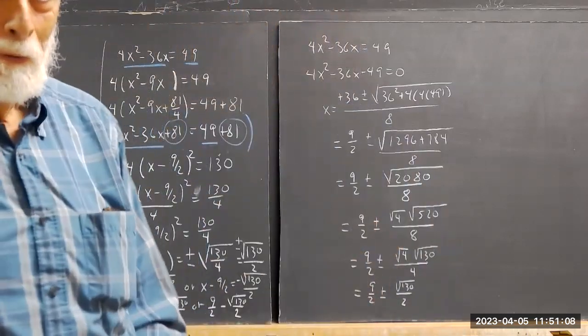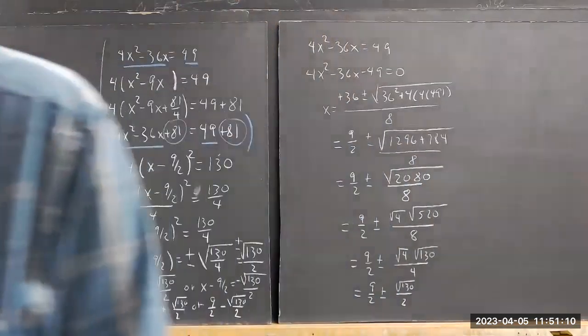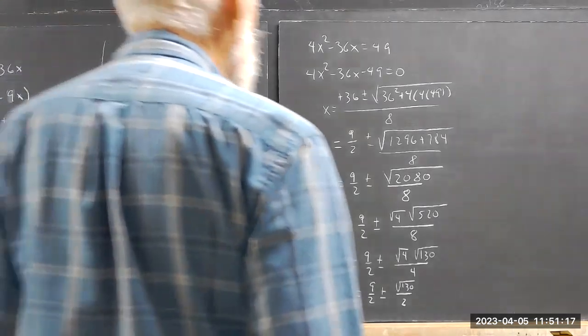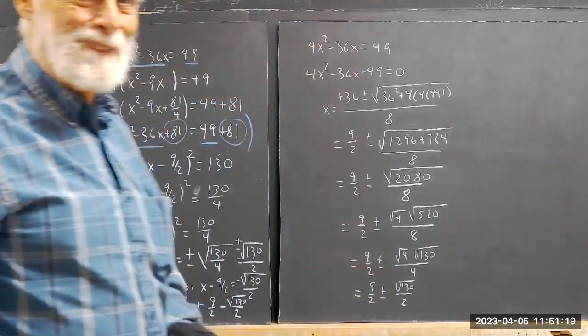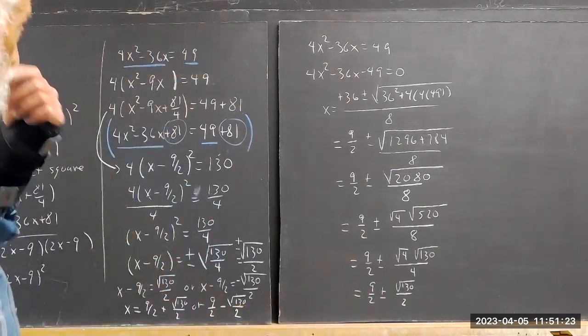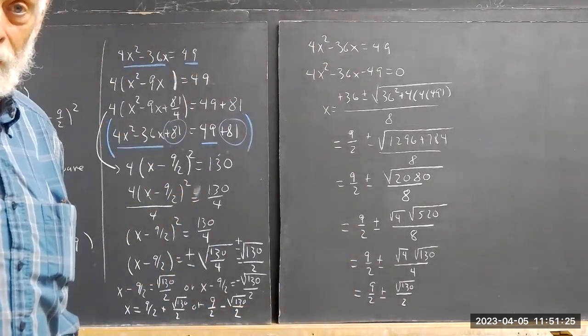I won't go into the details of how I did that in my head, except to say that if my head was working a little better, it would work more smoothly. But there it is. The point is the quadratic formula gives you the same thing this does.